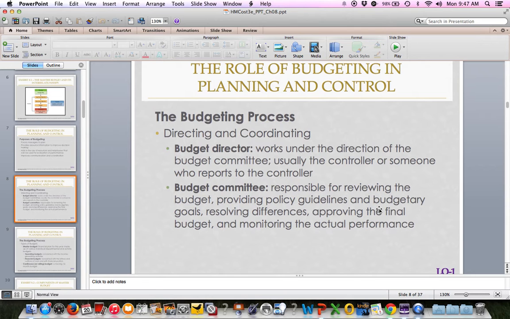Having been on a budget committee in a private for-profit business, I can give you my perspective from that. Basically what you're doing is you're setting goals, you're meeting with all kinds of people, you're talking to the folks who put together a strategic plan. You're getting a sense for what needs to be accomplished this upcoming year to fit in that plan. You're meeting with the sales department. What are you thinking? What are your goals this year? Are you going to be rolling out any new product lines? How are sales going?